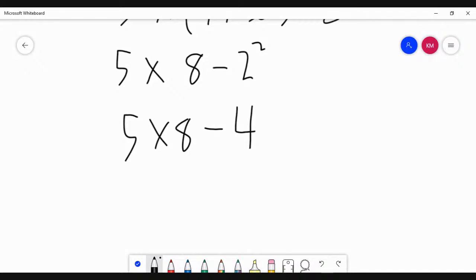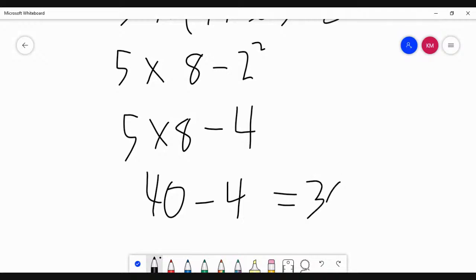So now 5 times 8 equals 40 minus 4. 40 minus 4 is our last operation, and it's also adding or subtracting. So now 40 minus 4 gives me 36.